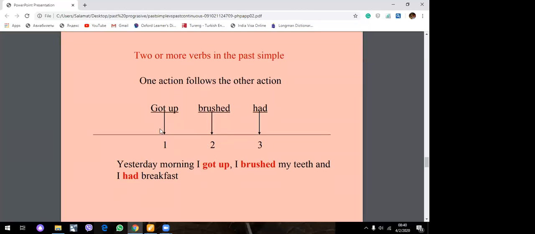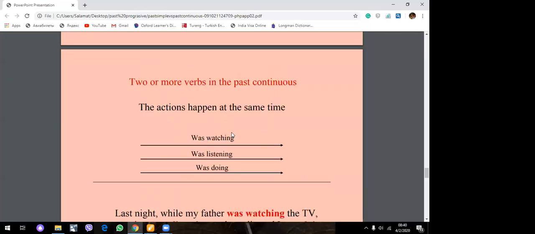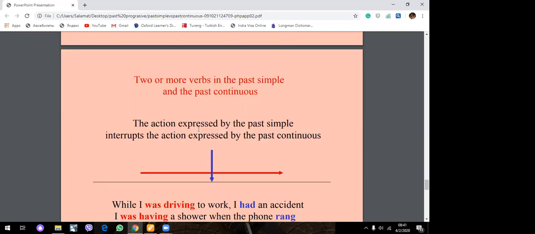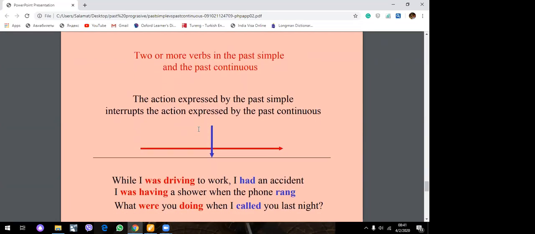Here we use three actions also, okay, in the different time. But past continuous tense, if we use more than one action, we use them in the same time. Okay, now we are going to compare these two tenses.